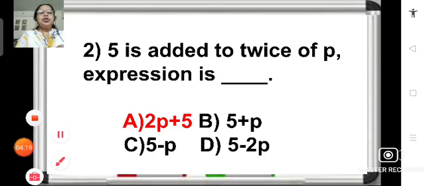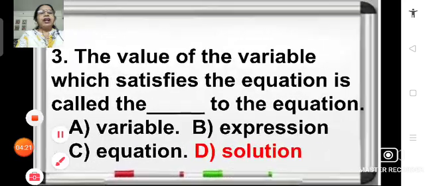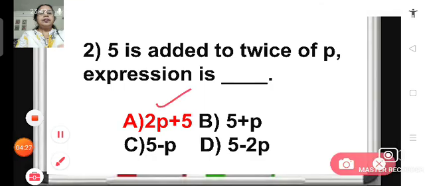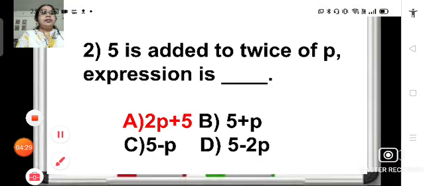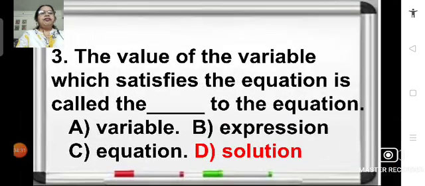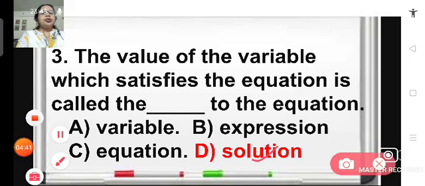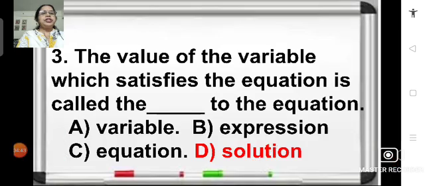It will be 2p plus 5. And what will be the value of the variable which satisfies the equation? What is it called? It is called the solution of the equation.